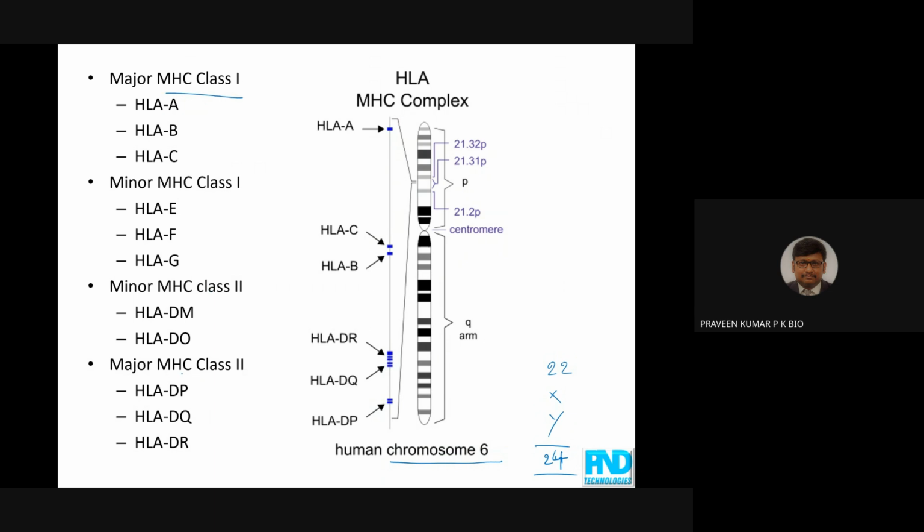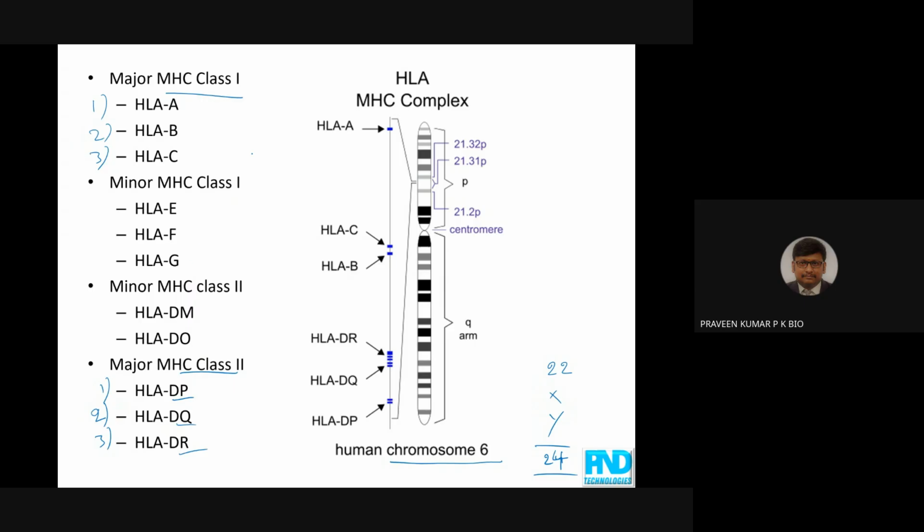The major MHC1 genes are HLA-A, HLA-B, HLA-C. Similarly, the major MHC2 genes are HLA-DP, HLA-DQ, HLA-DR. Remember this: DP, DQ, DR, and A, B, C. The other ones mentioned are the minor chains, rarely found, so you can ignore them.